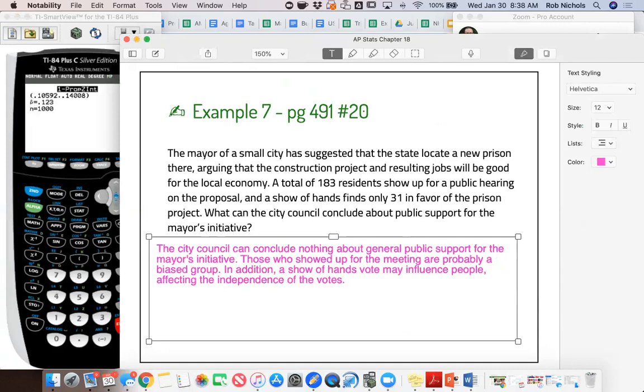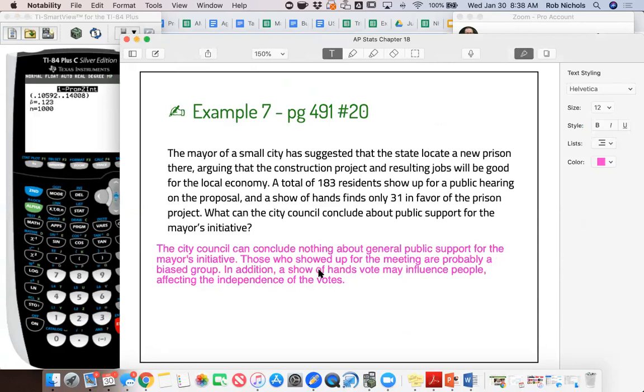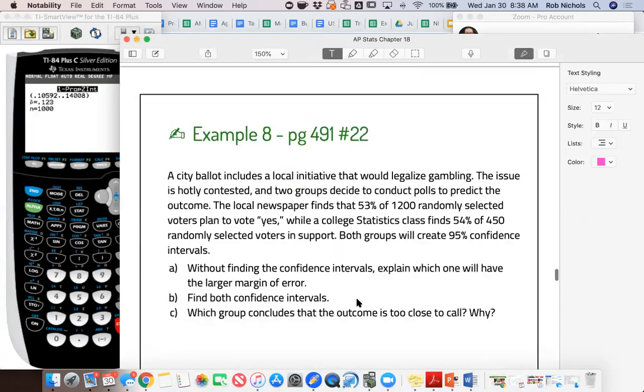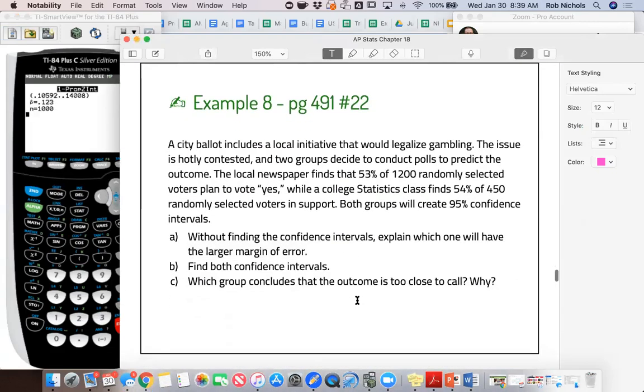So if your data is faulty, your conclusions are going to be faulty. Remember that. We spent the whole chapter discussing the proper ways to collect information. So even though you have the numbers and you could calculate the confidence intervals, we just can't do it. This information is bad. Okay.